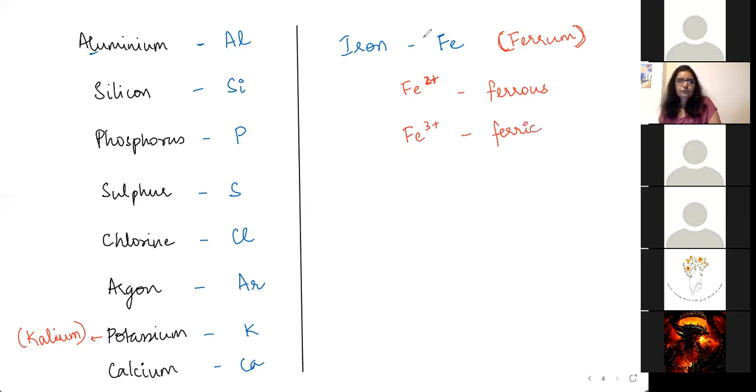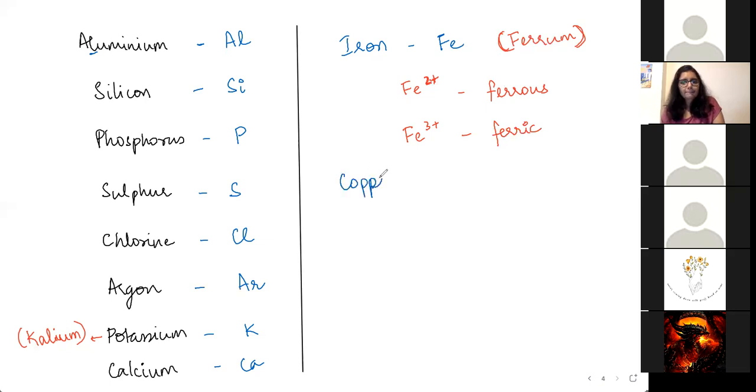So it is good to know the Latin name क्योंकि Latin name से ही इस तरह के ions के नाम आते हैं. So when you have compounds like FeO, iron or oxygen के बीच में compound, then if you know that 2 plus से form हुआ, it will be ferrous oxide, which is different from ferric oxide.